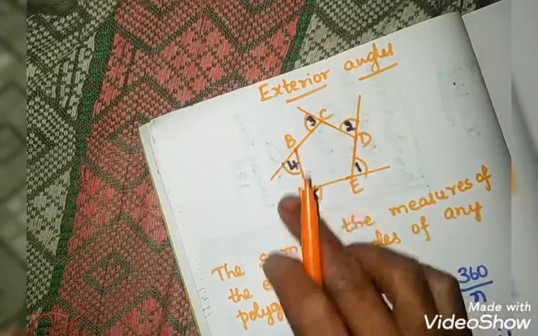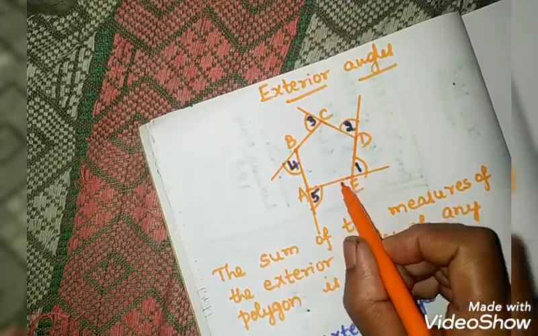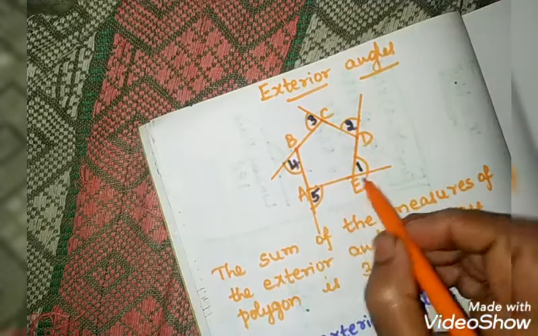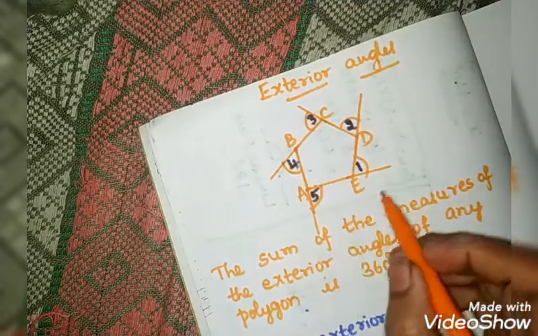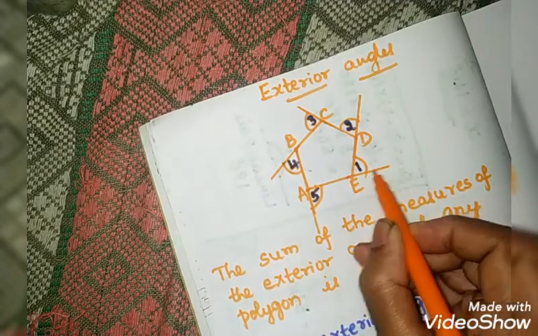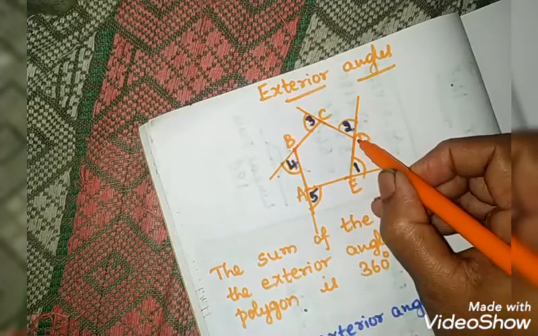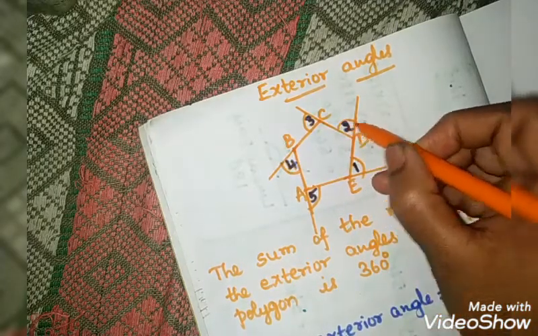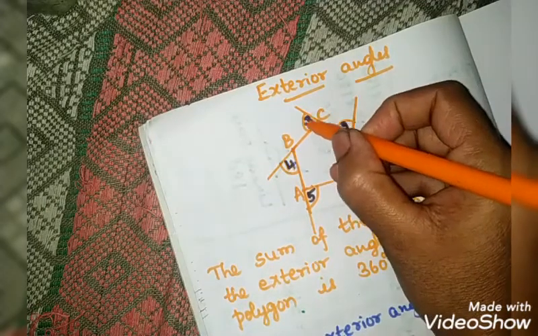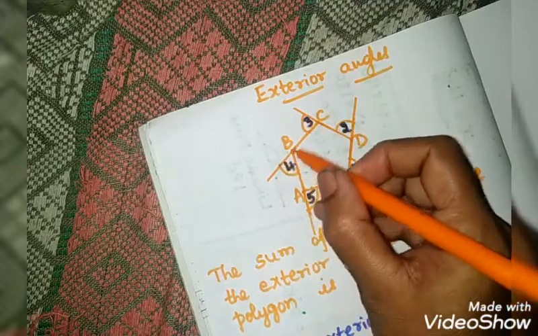All the exterior angles are written, children. See, here, ABCDE is the pentagon. Here AE is extended to the right side, so, exterior angle. ED is extended, exterior angle. CD is extended, the exterior angle, 3. Here BC is extended.